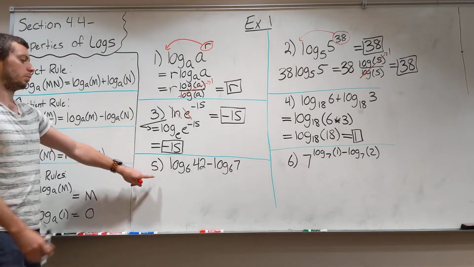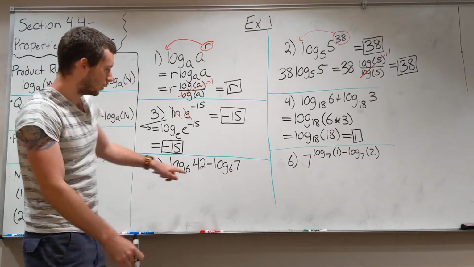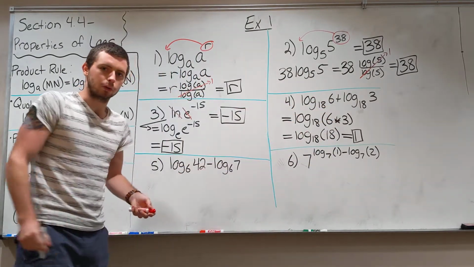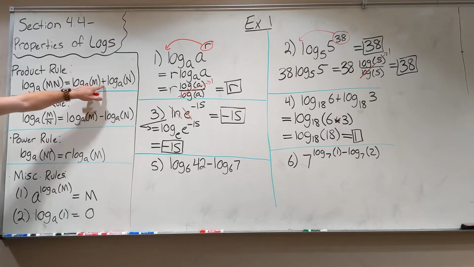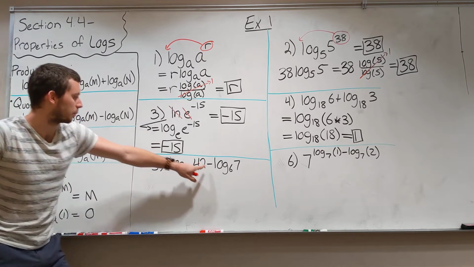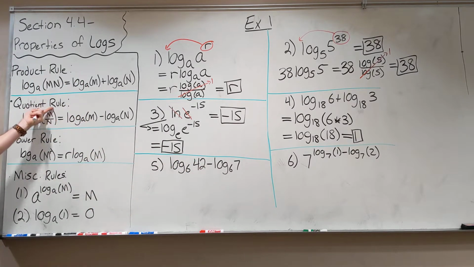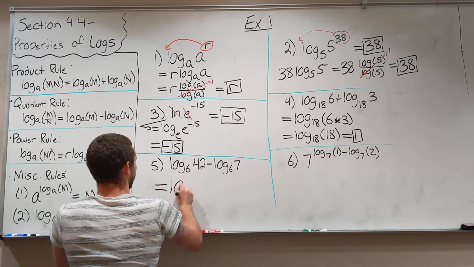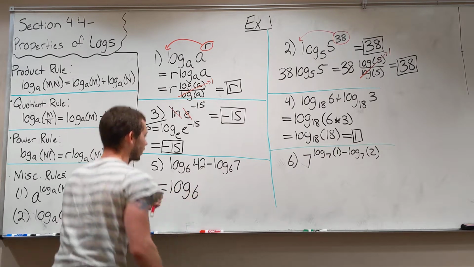We'll move on to example 5, which instead of a plus sign, there's a minus sign. So instead of the criteria involving adding logs, we're going to use the one that involves subtracting logs. So there's a minus, so we use the quotient rule. So this tells us, so it starts off the same way.